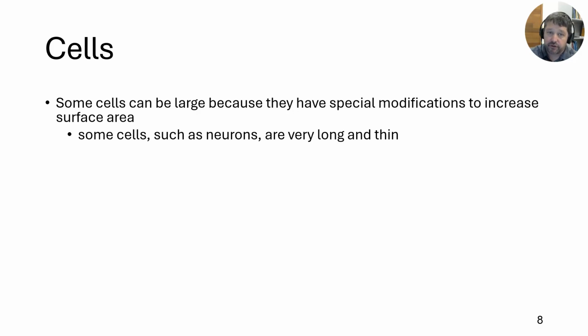And that's how things like neurons can get away with being much longer and thinner, because they have dendrites that hang off and increase the surface area.